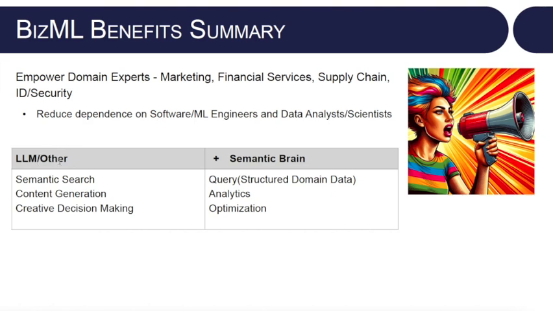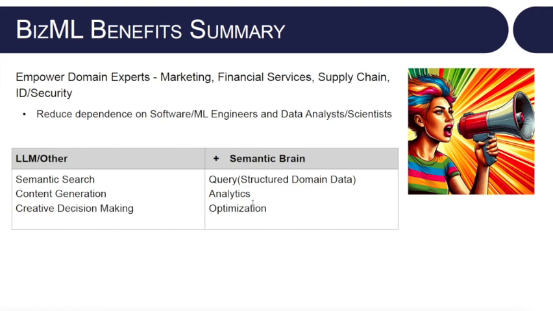LLMs and the ecosystem are great for doing search, content generation, and creative decision making. But if you really want to optimize and maximize return on investment, that's where semantic brain can come in. It can help you query your private structured data.